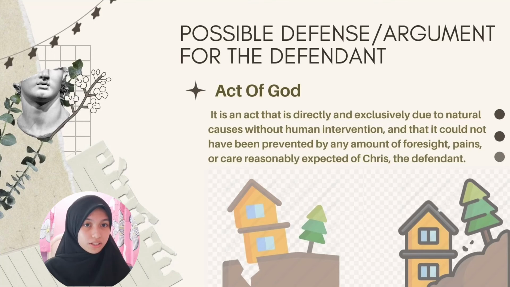When the act or omission complained of was the result of a natural disaster or another unforeseeable or uncontrollable circumstance, an act of God can provide a defense in the tort action. When something happens as a result of an act of God, a party cannot be held liable because the act was not done intentionally or negligently.